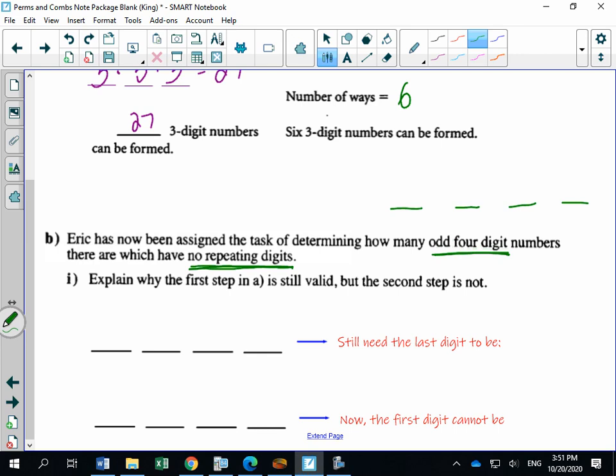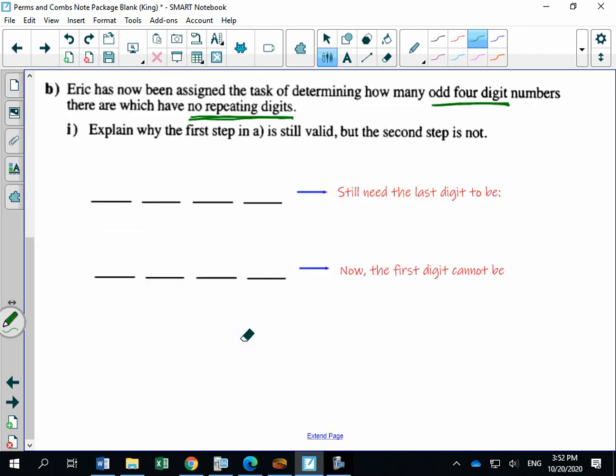We need to start with our restrictions, and I always like, if it's odd, I always say, okay, how many odd numbers can I fit here? So we know that out of my 4 stages, if we're doing an odd number, I could have 5 possible choices here, because I still need the last digit to make it odd to be a 1, a 3, a 5, a 7, or a 9. So there are 5 possible choices.